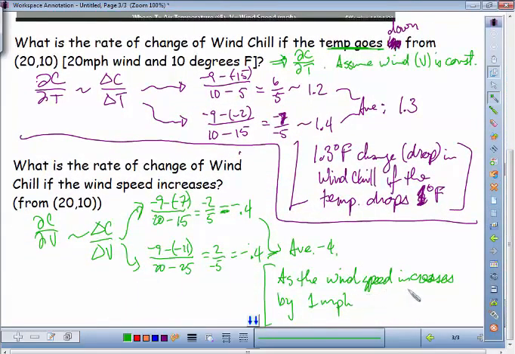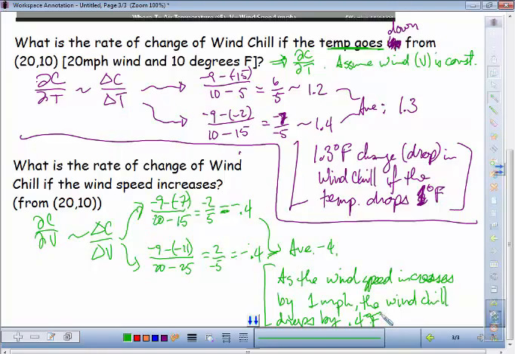So as the wind speed increases by 1 mile per hour, the wind chill drops by 0.4. Okay? Does that make sense?